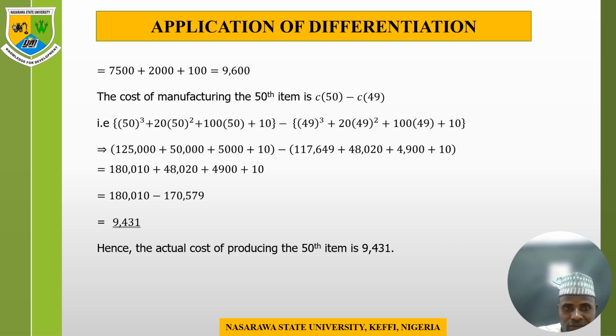You substitute the value of x to be 50 and the value of x to be 49, simplifying them. At the end of the day, we have our result to be 9,406.31. Hence, the actual cost of producing the 50th item is given to us to be this.